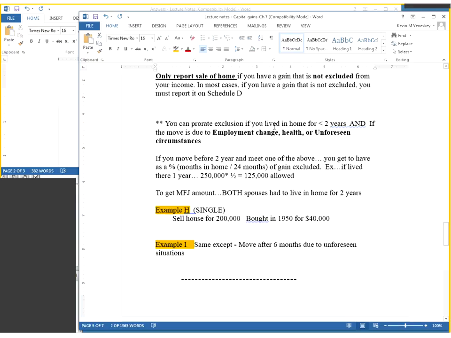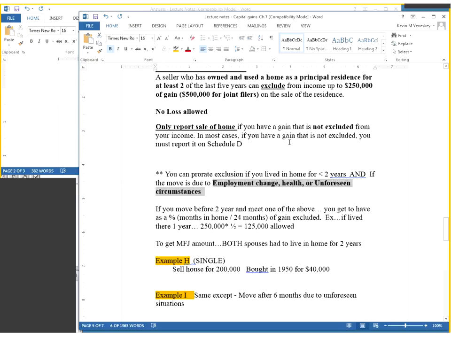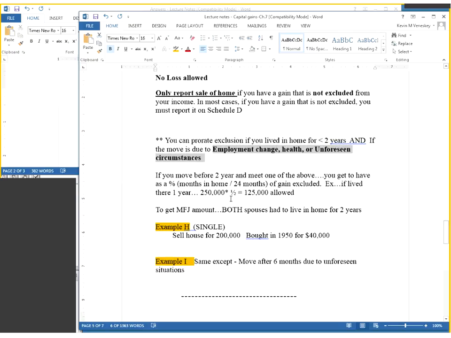If you sold it before 2 years and you had one of these items as the reason why you sold it, and it wasn't just to flip a house and make some money, you actually had a good reason to sell your home, then you can prorate this $250,000 or $500,000 depending on how long you lived there over that full 2-year period.